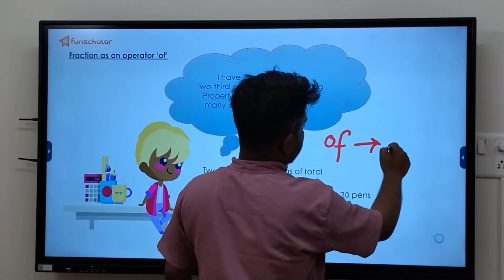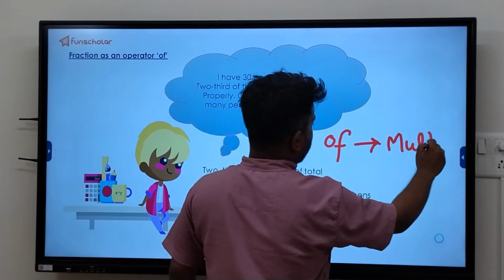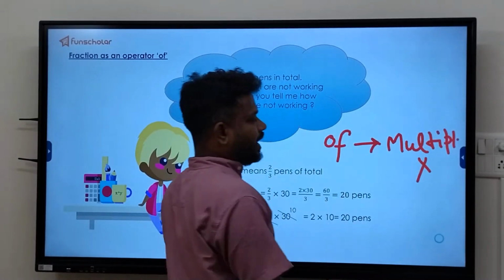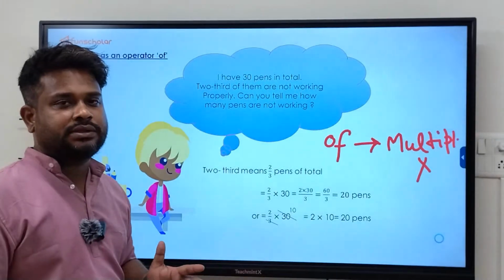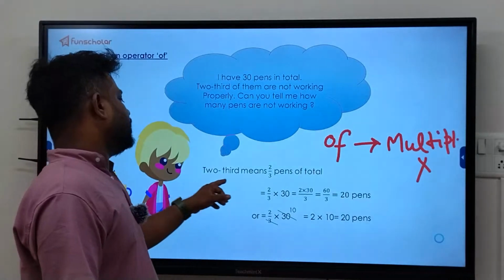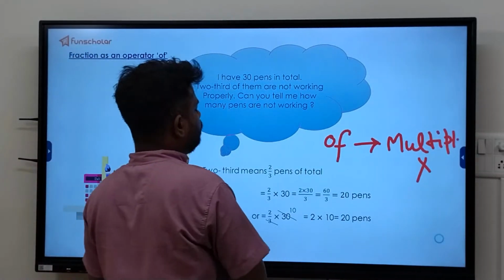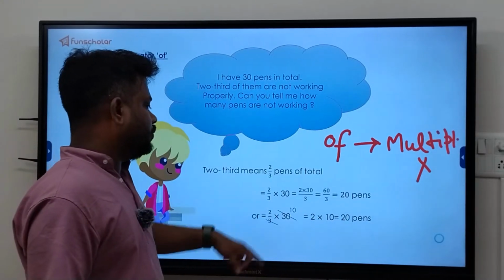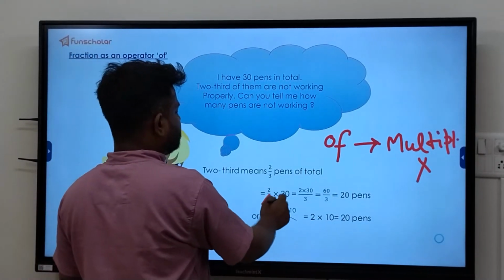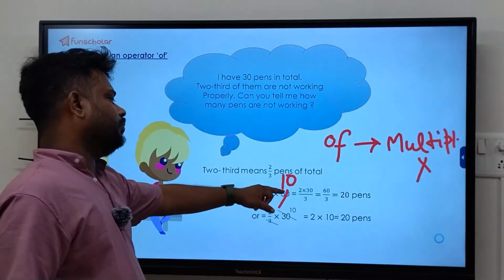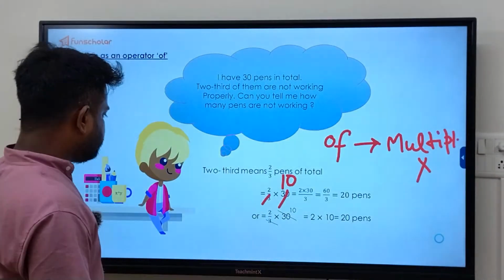You can write down the word multiplication, or write down its sign itself. So 2/3 of 30 means 2/3 into 30, so we can simply divide 30 by 3 to make it 10, and then 2 times 10 is 20.